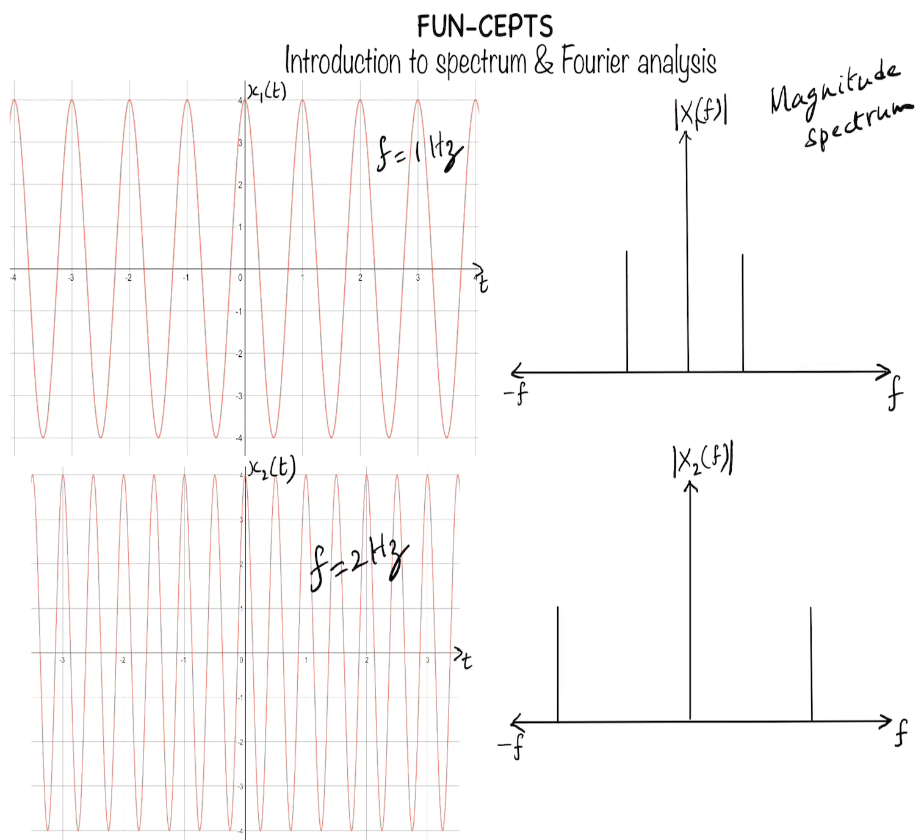Now the first signal x1 of t is having a frequency of 1 Hertz. So on the frequency axis we will have this signal present at a frequency of 1 Hertz. So this frequency, if we say this is in Hertz, so it exists at 1.